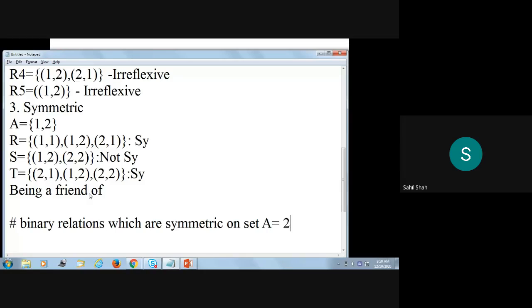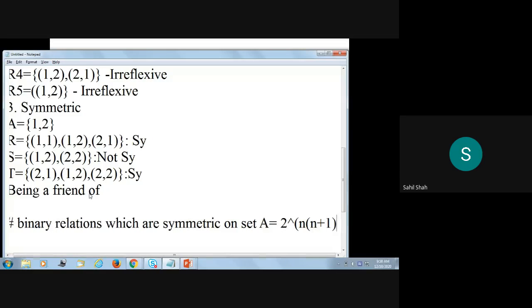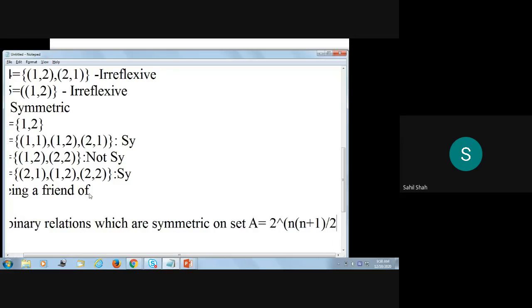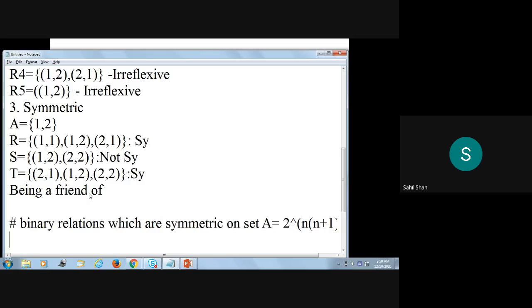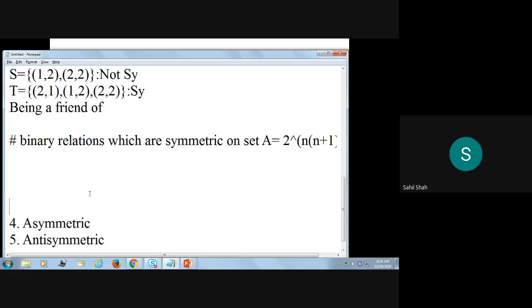You can watch it. It is 2 raised to n into n plus 1 upon 2. So, in general, you are going to have 2 to the power n into n plus 1 upon 2 binary relations which will always be symmetric. In symmetric, we are considering reflexive relations as well. But along with reflexive, you could have some addition of other pairs as well. Fine.